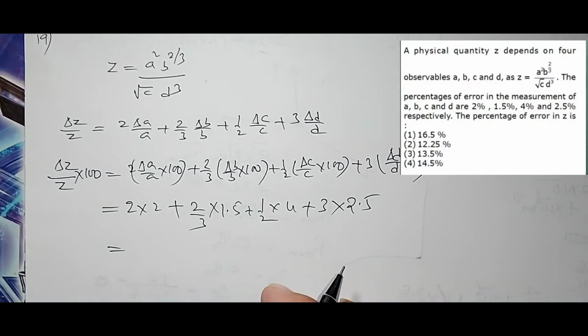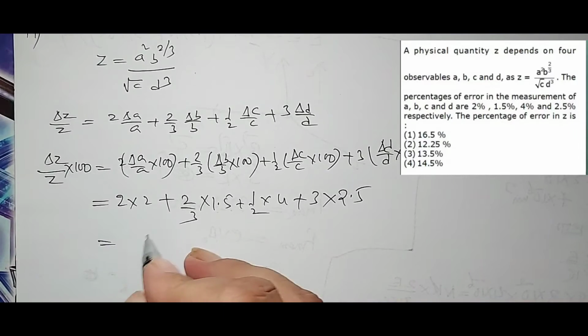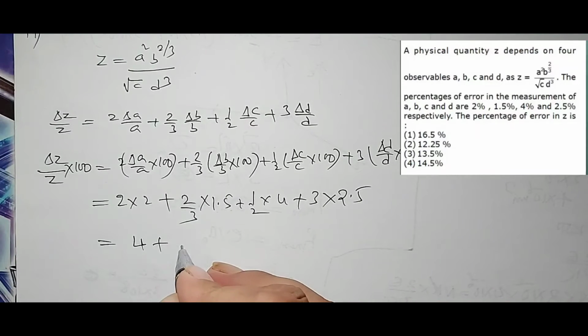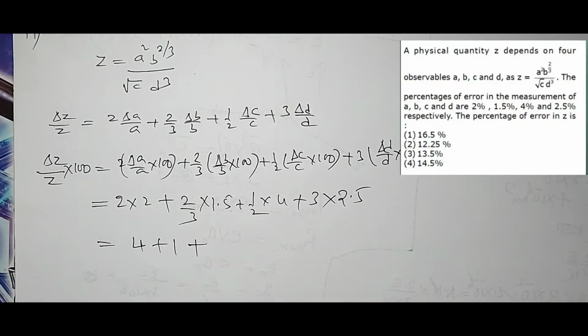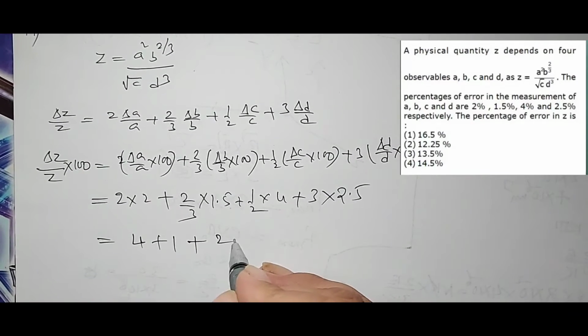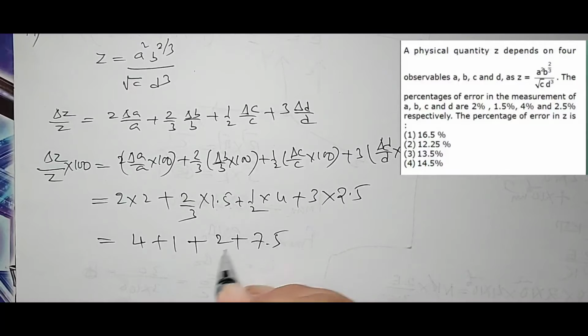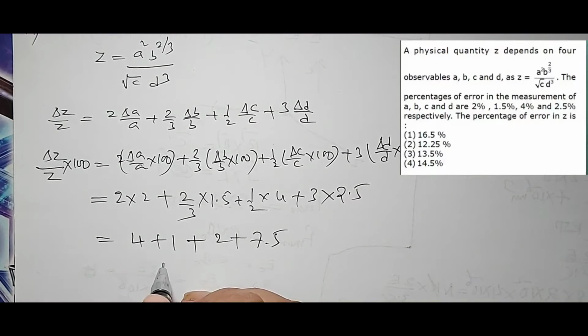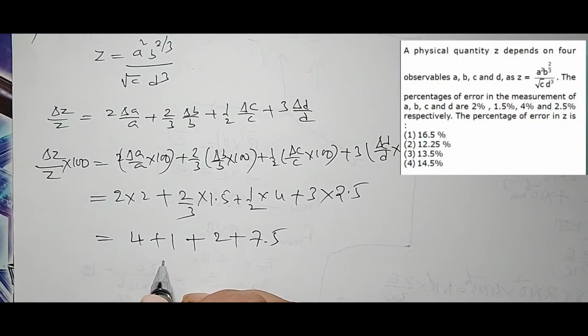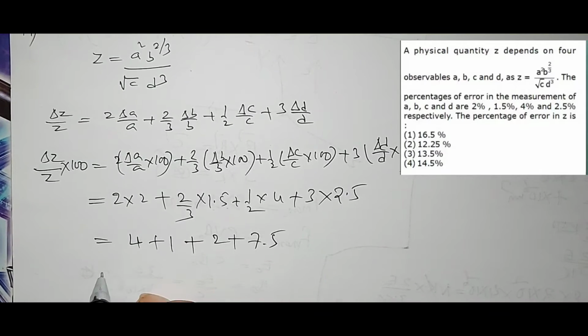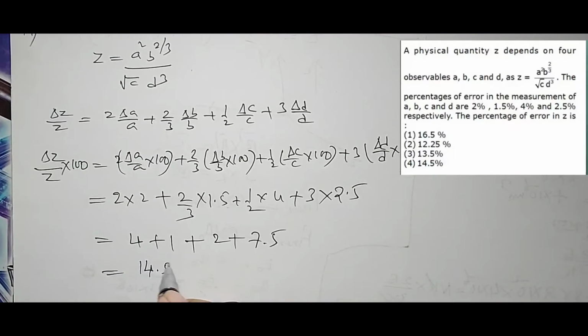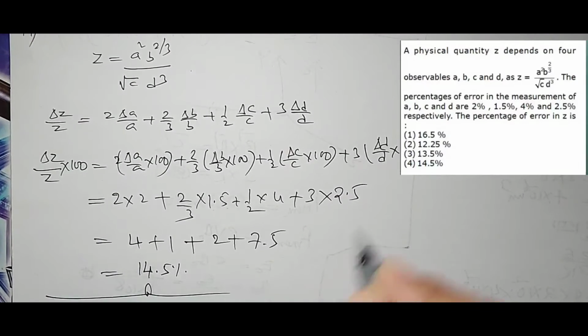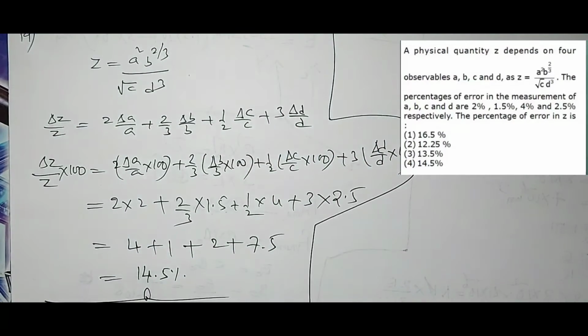So what we write here, 2 into 2, 4 plus 1 plus 2 plus 7.5. So what we get here as the answer, finally, 14.5%. This is our answer, 14.5%.